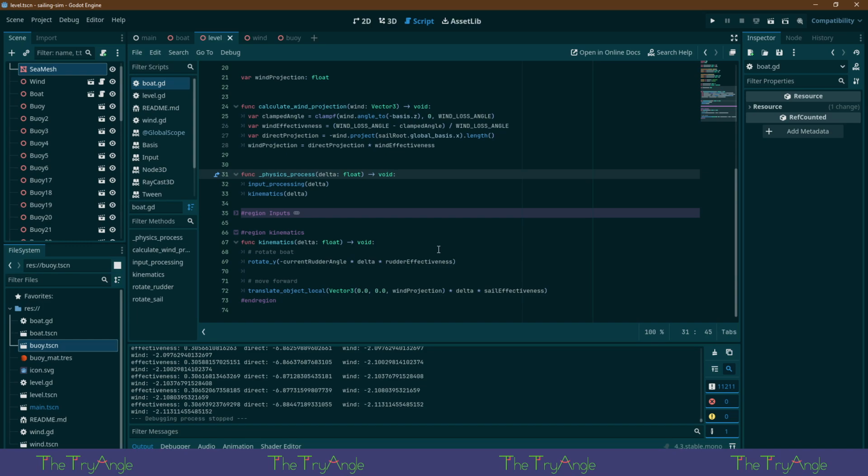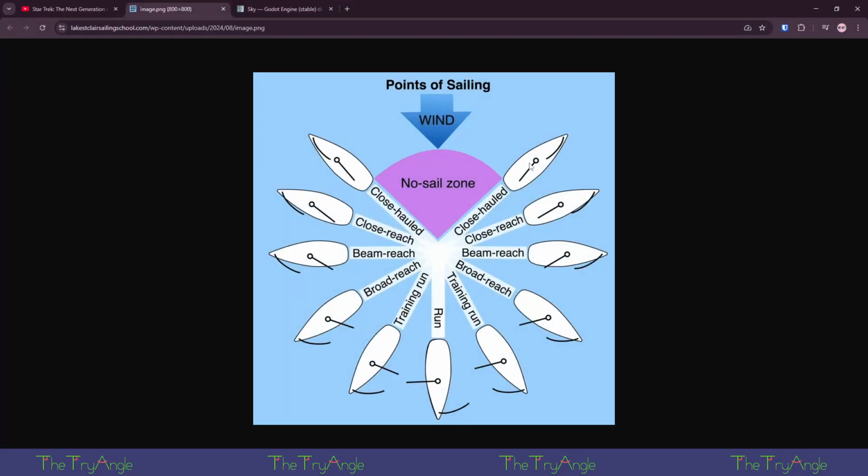I could make the effectiveness a byproduct of the sail's direction and the boat direction. Like the sail has an optimal direction to be in based on the wind, same as the boat. Because that's kind of what we see here.